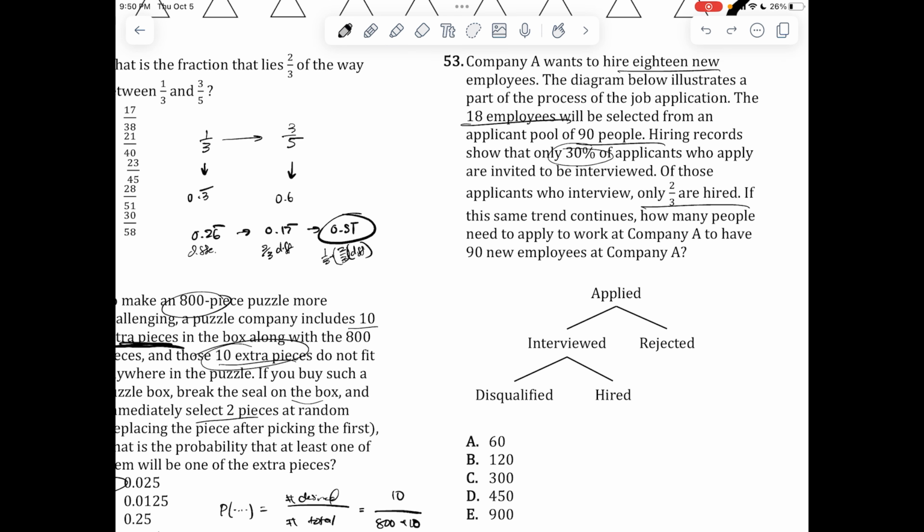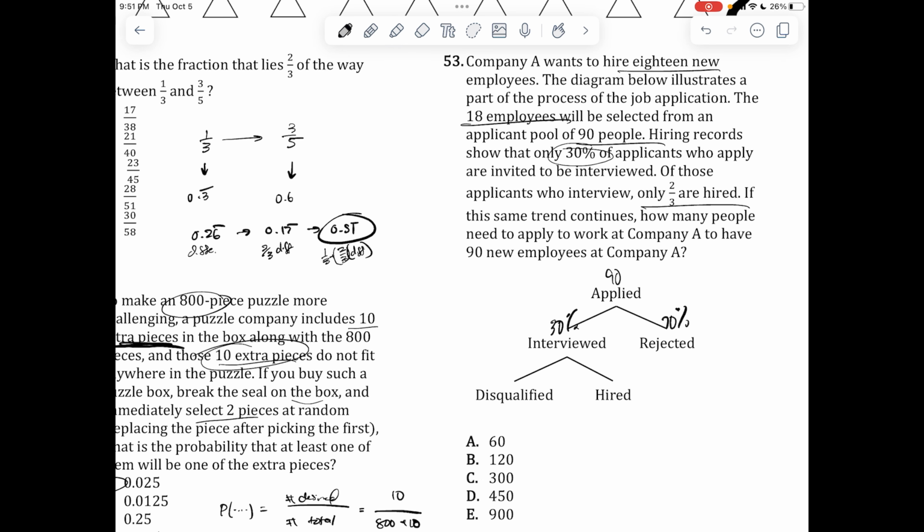Okay. So it gives us an example scenario, and then it says if we want to scale that up to 90. Okay. So let's put these numbers in this table in the right spot. The 18 employees from an applicant pool of 90 people. So this is 90. Only 30% of applicants who apply are invited to be interviewed. 30, right? So this is 30%. And let's label percents versus just numbers. 70%.